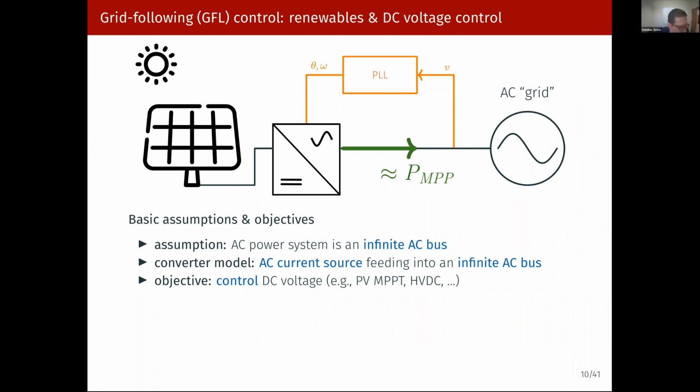Yes, that's roughly correct. The term virtual inertia has been abused quite a bit in the literature to describe a lot of different things. But if you really go back to the inertia response of the machine, then virtual inertia would be a power injection by the device that is proportional to the rate of change of frequency.